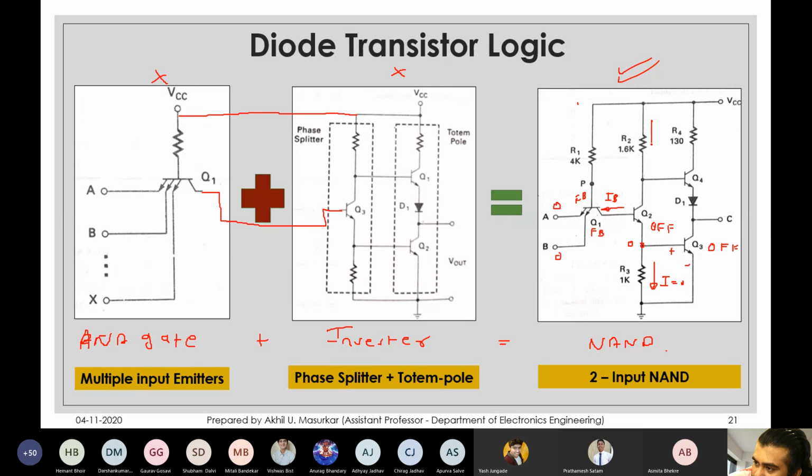The current starts, comes on, starts drawing a current from zero.